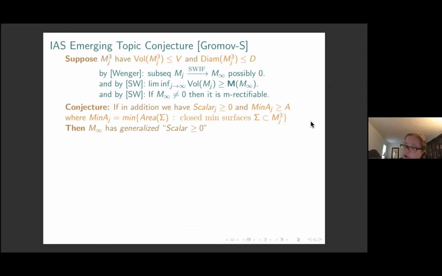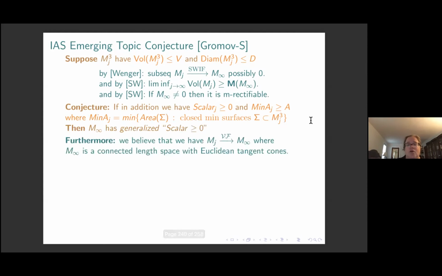But let's talk more about what that means now. We believe that M_j volume preserving intrinsic flat converges to M infinity, where M infinity is a connected length space with Euclidean tangent cones. I haven't really mentioned that before, but that is part of this conjecture. I mentioned that we would have volume preserving convergence to M infinity and that we would have generalized scalar curvature greater than or equal to 0.